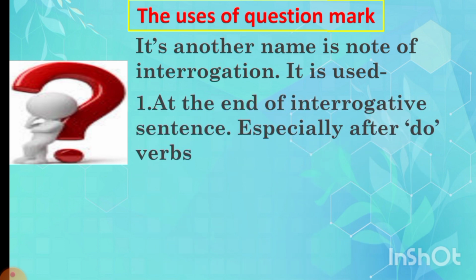And it is used, number 1, at the end of an interrogative sentence, especially after do verbs. Let's see an example: Do you know me? Here the question statement starts with do verbs, and at the end you have to put a question mark.